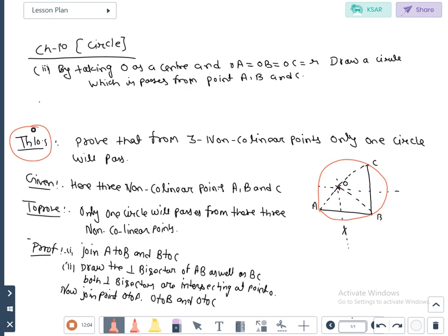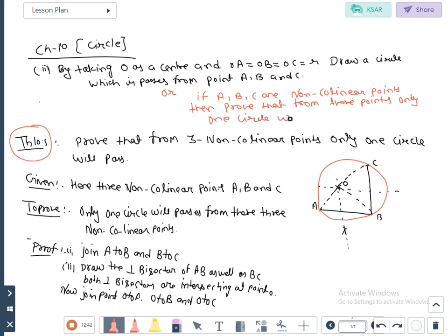और another form क्या है, if A, B, C are non-collinear points, then prove that from these points only one circle will pass.